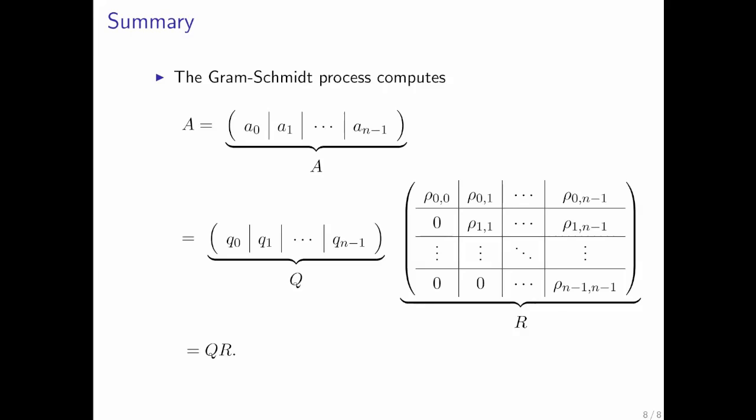It's a matter of arranging all of the vectors computed by the Gram-Schmidt process and all of the scalars computed during the Gram-Schmidt process as a matrix and then an upper triangular matrix. This QR factorization turns out to be extremely important, and in the next unit we're going to talk about how the QR factorization can be used to solve the linear least squares problem.